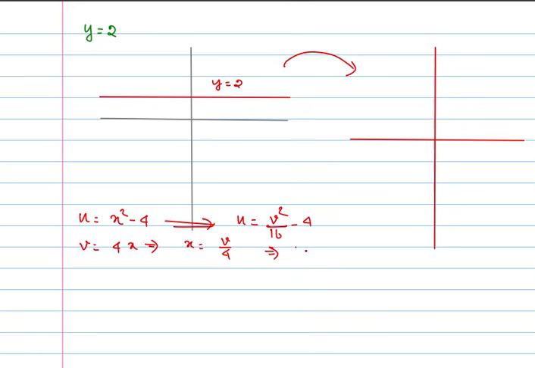So v square equal to 16 plus 16 times u, I can write it as 16 times 1 plus u.